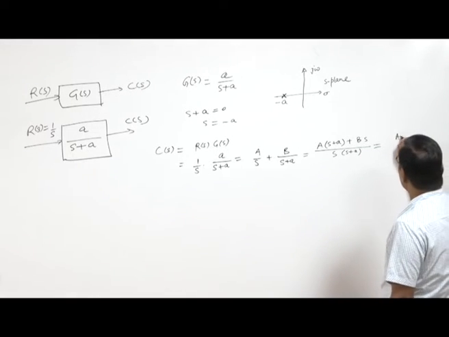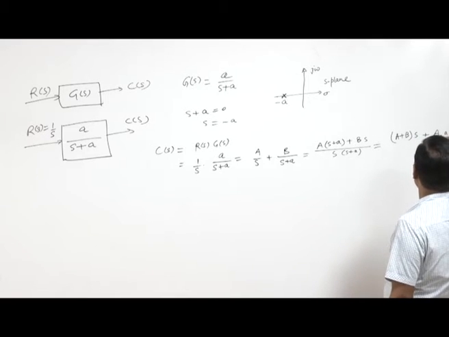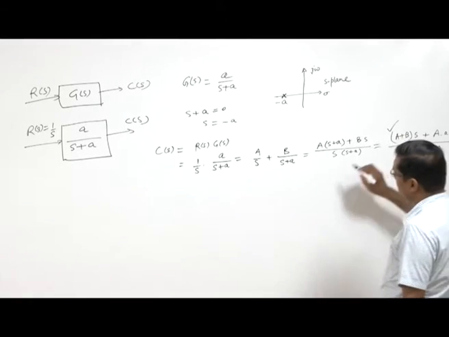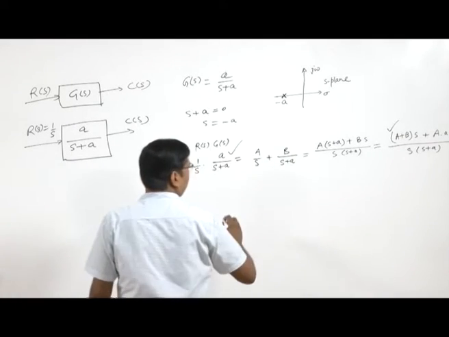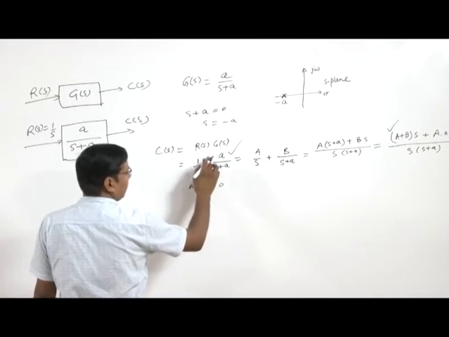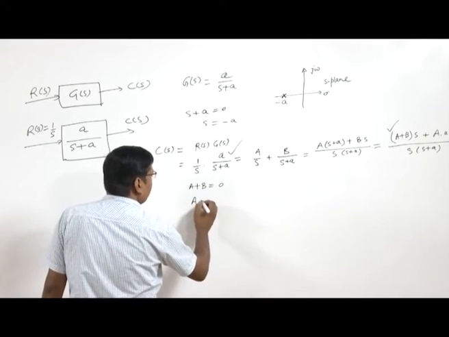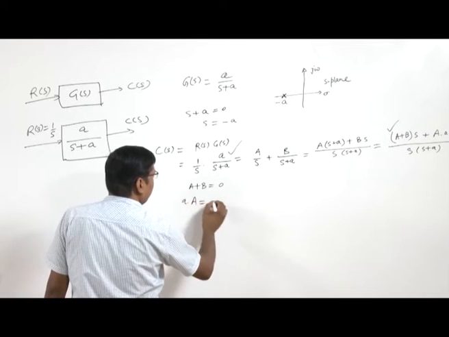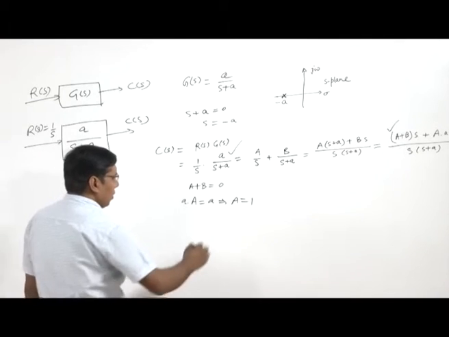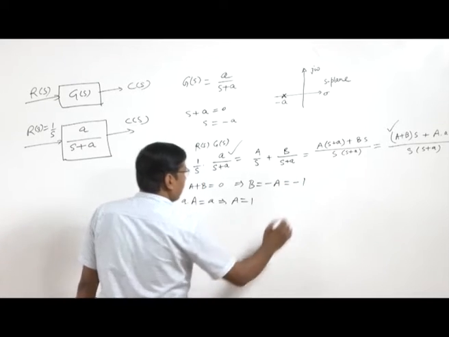Comparing, we get A plus B equal to 0 because there is no s term, and A into a equal to a, so A equal to 1, and B equal to minus 1.